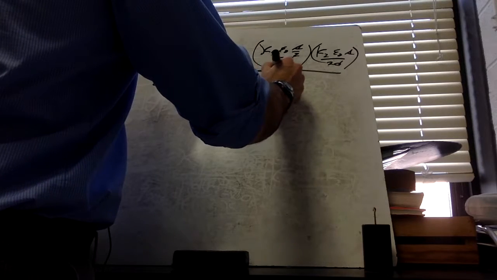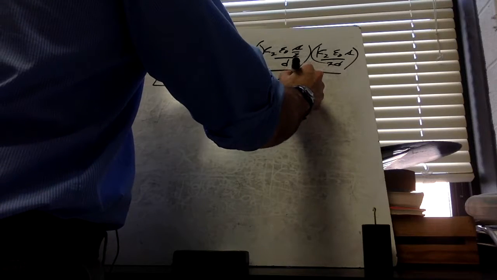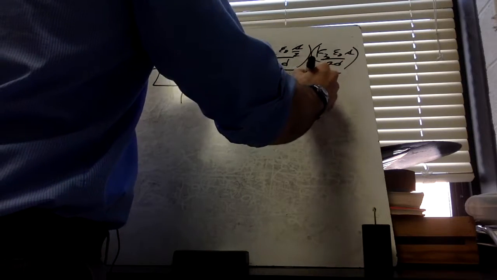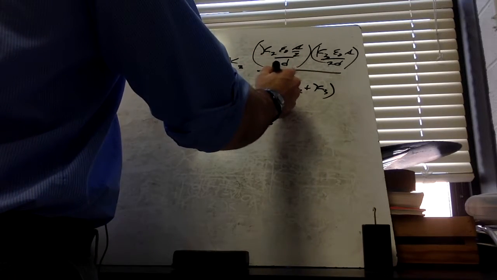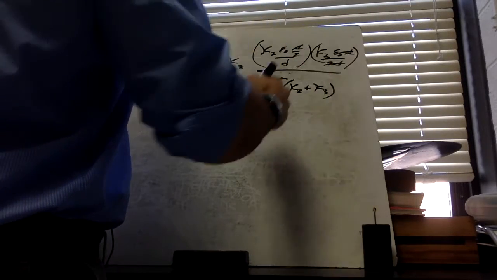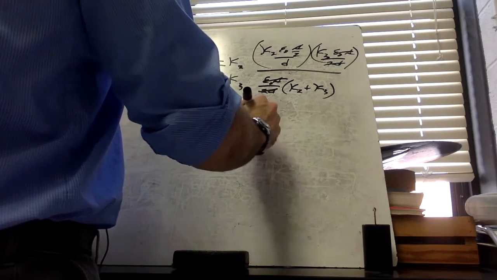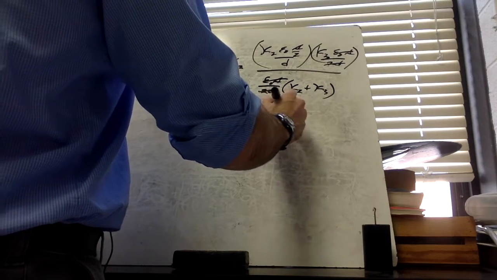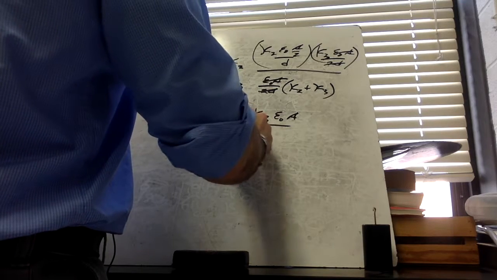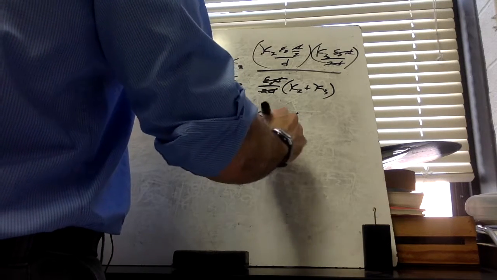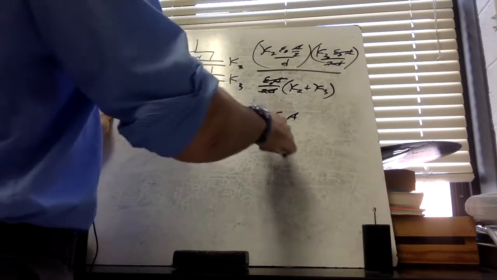So they're both epsilon naught A over 2D, and this is kappa 2, oh, this is 3, sorry, plus kappa 3. So we've got some things canceling out. We'll cancel this out with these guys, and so this ends up being kappa 2 kappa 3 epsilon naught A over kappa 2 plus kappa 3 times 2D. That's the 2D from here down there.